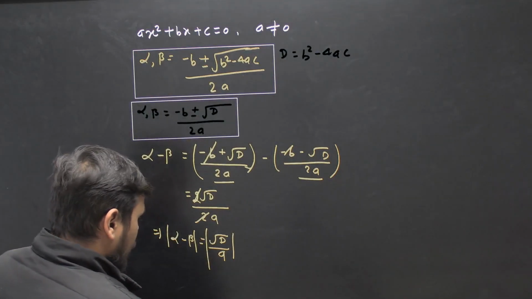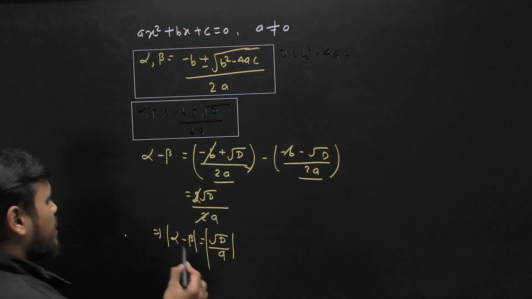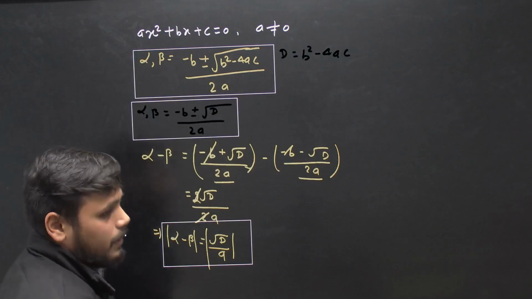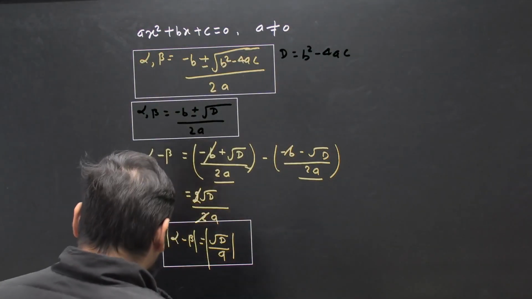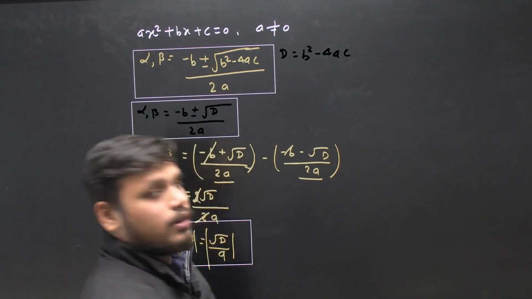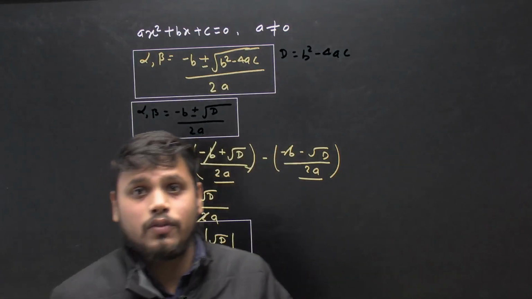So you need to remember this formula, alpha minus beta equal to mod of root d upon a. This is the formula for difference. Okay, so now moving ahead. Till here we have derived the formulas for sum of roots, product of roots, and difference of roots.